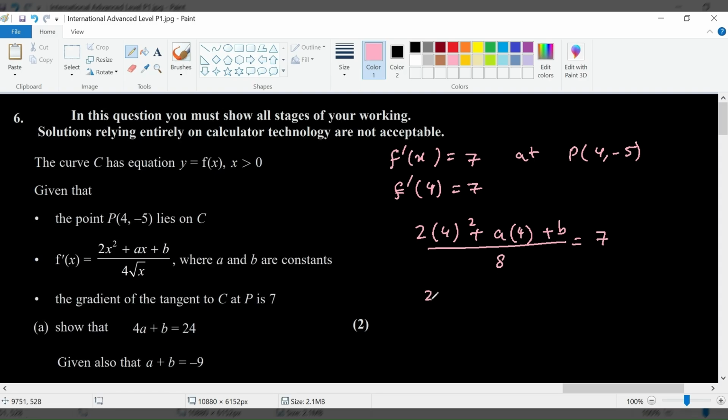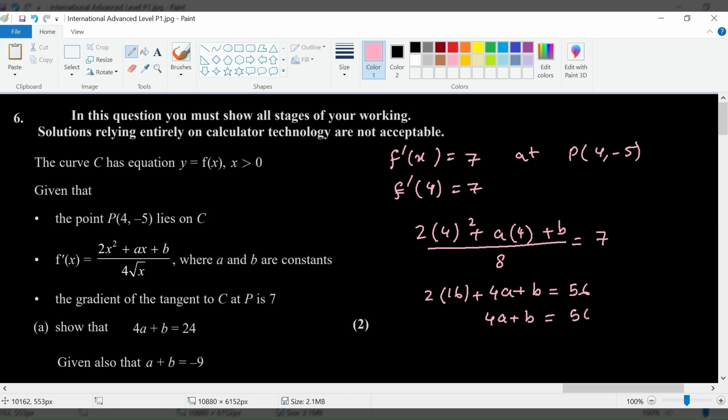So what I will do is 2 times 4 square is a 16, and plus 4a plus b is equals to 8 times 7 is a 56. I will write 56 directly, and this gives us 4a plus b, and 2 times 16 is going to be 32.